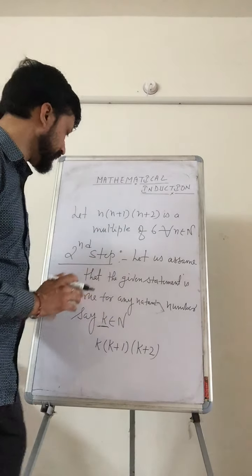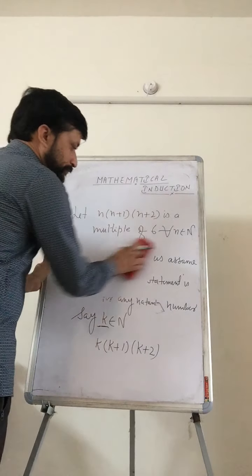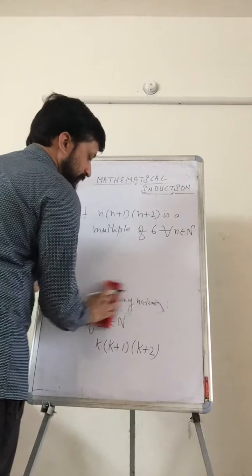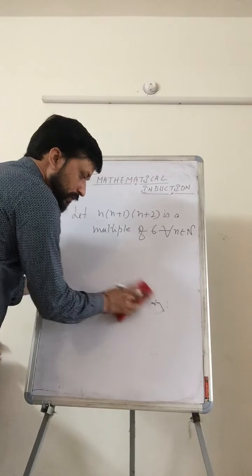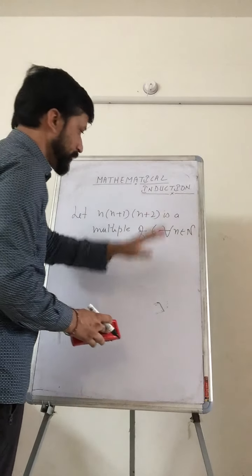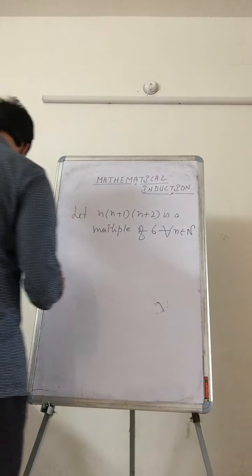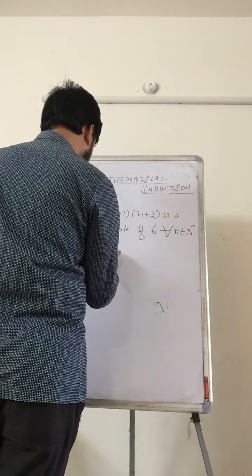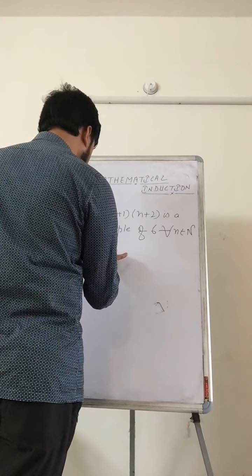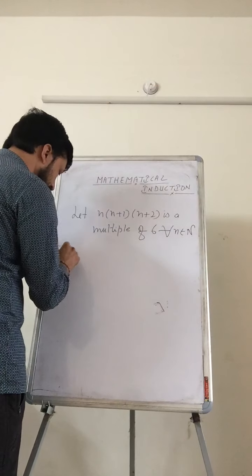So in the third step we will use the second step expression, that is k plus 1, k plus 2. We will write in this way, third step first.